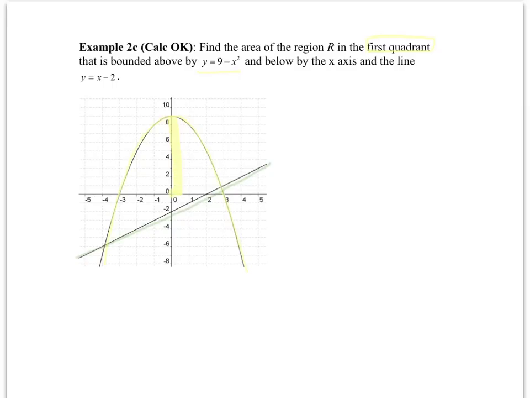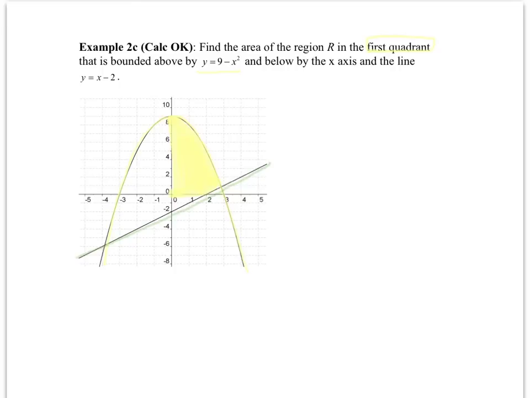First quadrant only, though. And something kind of interesting just happened, and I don't know if you saw it, but as I was highlighting and as you shade, you're going to see that the shaded region actually has a different bottom function for part of it. So I'm going to show that if I can right now.